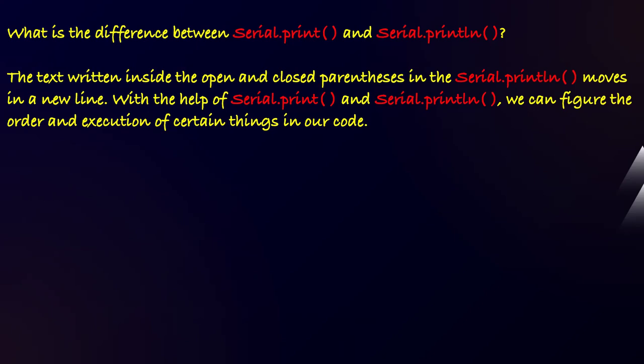With the help of Serial.print and Serial.println, we can figure out the order and execution of certain things in our code. If you just want to print it, we can write Serial.print. If you want to print it in a new line, these two commands together culminate in Serial.println. So it will print the output in a new line. That's the difference.